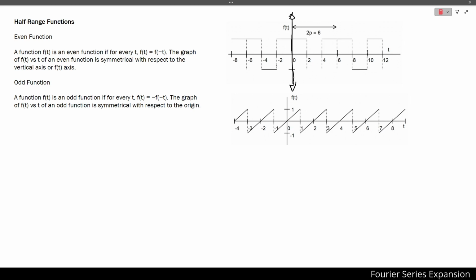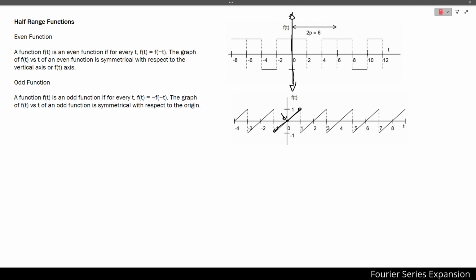Meanwhile, a function f of t is an odd function if for every t, f of t is equal to negative f of negative t. The graph of an odd function is symmetrical naman with respect to the origin. Meron kang point of symmetry na yung origin mo. If you draw an arrow from this origin and do the reverse of that arrow, dun pupunta yung odd function mo.